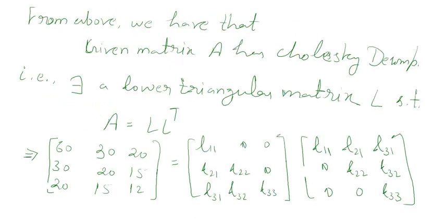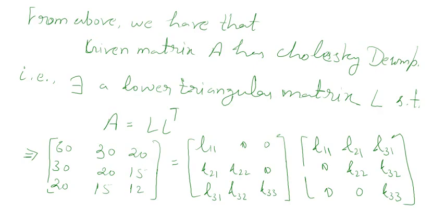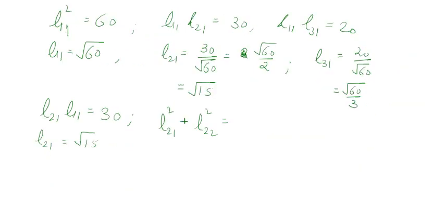From the second row, second column, you have L21 square plus L22 square is equal to 20. From above, L21 square is 15, so L22 square is 20 minus 15, which is 5. So L22 is equal to the positive square root of 5.